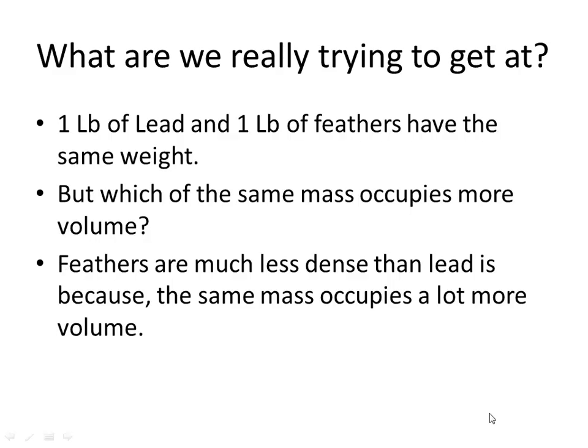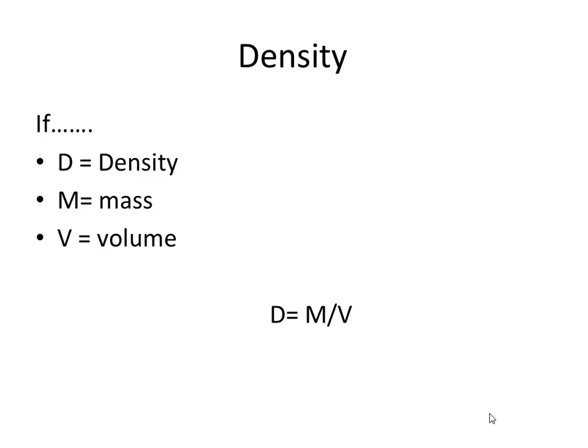So we really need to understand that to compare density, we're comparing two things: how much something weighs and how much space it occupies. So this is something you're going to want to write down. This is the formula for density. D is defined as density, M is defined as mass, and V is defined as volume.